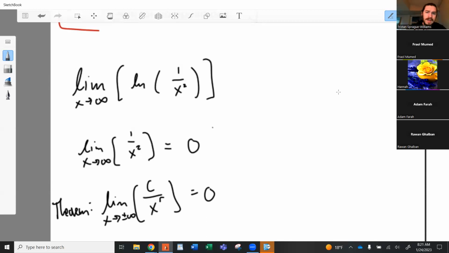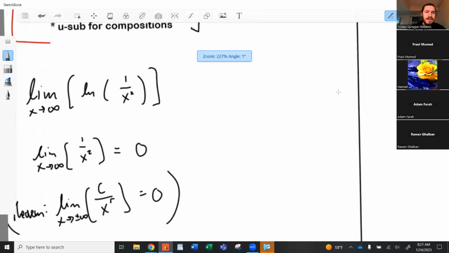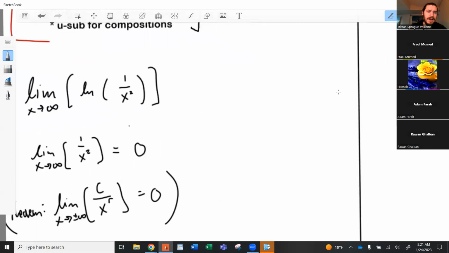Now we can say, let u equal 1 over x squared. Now we can say as x approaches infinity, u is approaching 0.